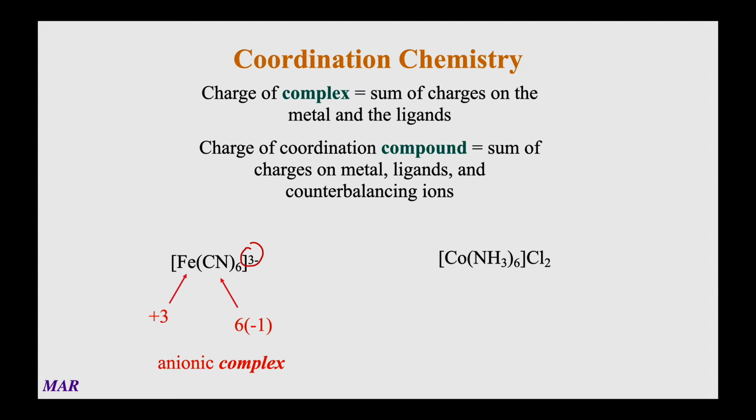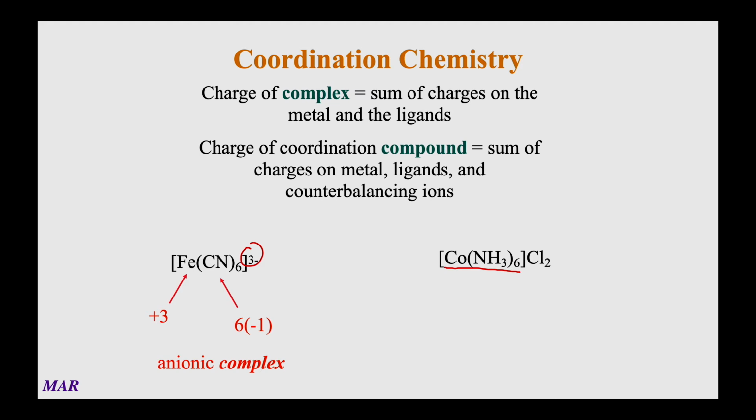On the right-hand side, we have a compound, a coordination compound. But if you look carefully, there's a part in square brackets, and there's chlorides on the outside. The parts in square brackets, that's a complex ion. And so what we'll do is we'll figure out what the charge is on the cobalt first, and then figure out what the rest of it is later.